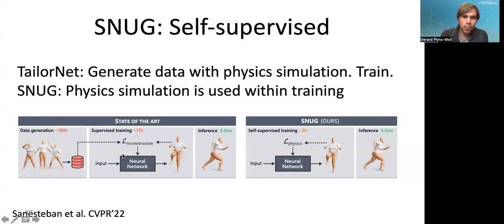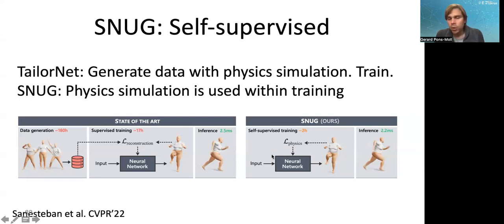And producing this data is time consuming. And in SNUG, what they realize is that you can have the physics simulation within the training loop such that you have this self-supervised loss, such that the neural network is consistent with the laws of physics. So this allows self-supervised training and faster training.